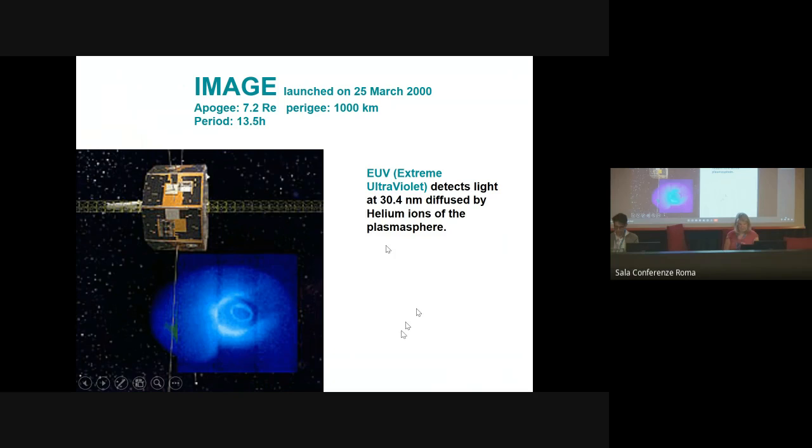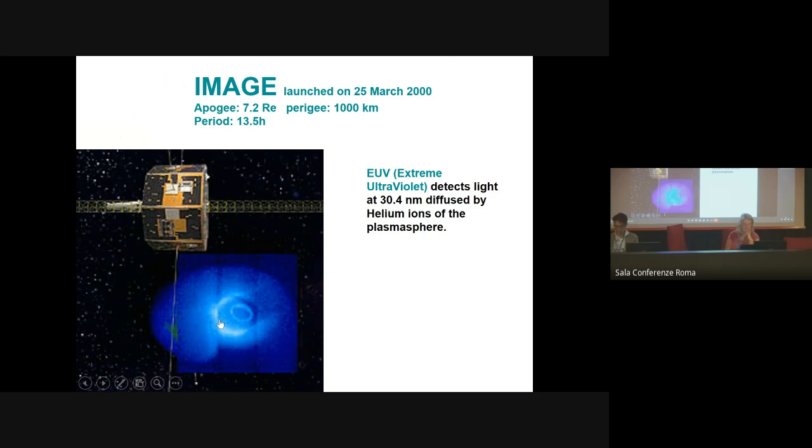This satellite was launched in 2000 with an apogee located quite far from the Earth. And when it is located above the North Pole, it gives a global view of the plasmasphere, because it has an instrument called the extreme ultraviolet instrument that detects the light at 30.4 nanometers diffused by the helium ions of the plasmasphere.